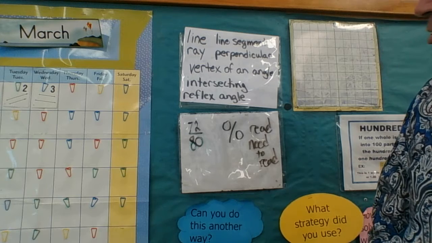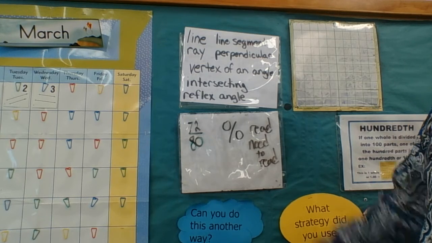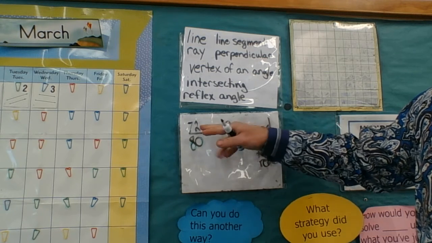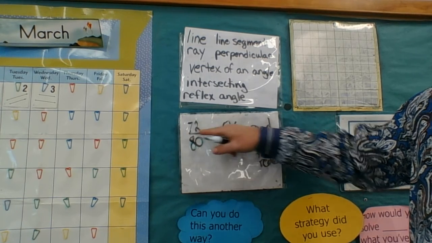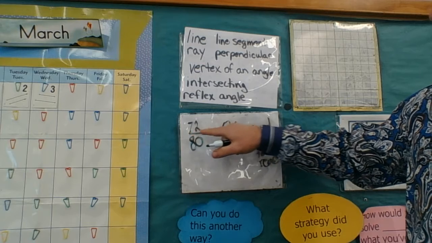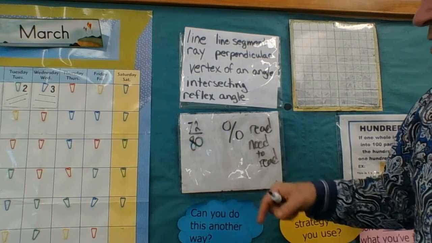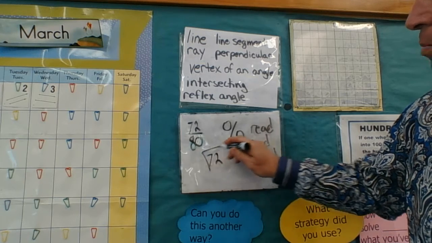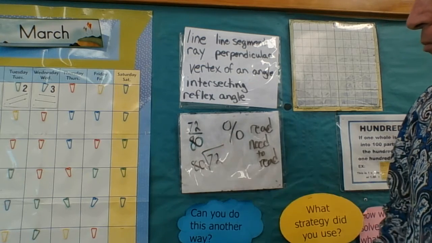And there's a couple different ways that you could solve this. If we wanted to know what percent we have read, you know that you divide the bottom into the top using this fraction. We've gone over this a lot of times, that a fraction bar is the same thing as a division. So we would do 72 divided by 80.